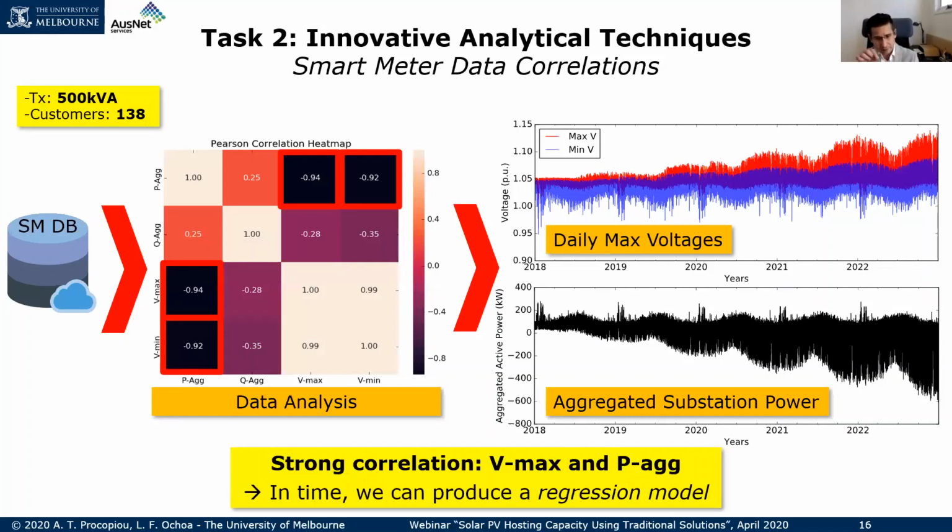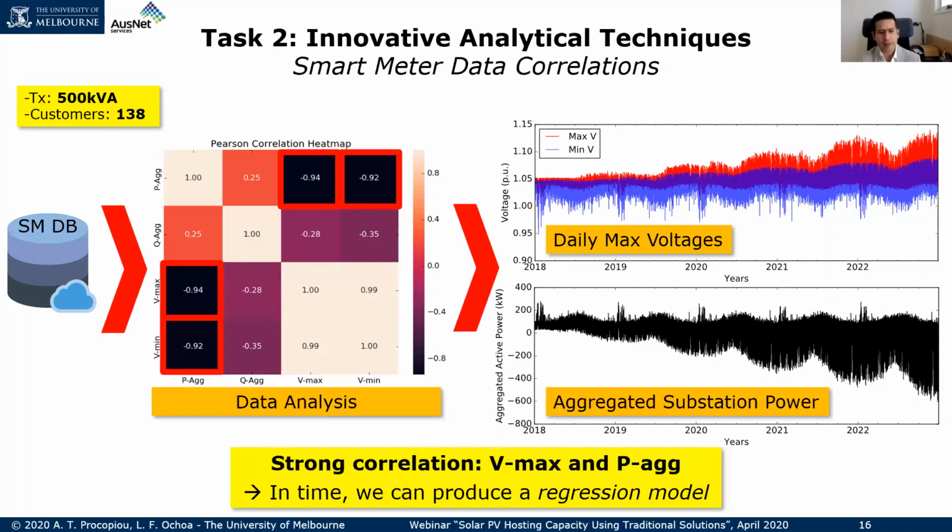That daily maximum voltage is just one single point per day for multiple customers downstream of a single low voltage transformer, and the corresponding aggregated power seen by the distribution transformer. It could be withdrawing power if it is just load, or injecting power to the network if there's a lot of photovoltaic penetration.